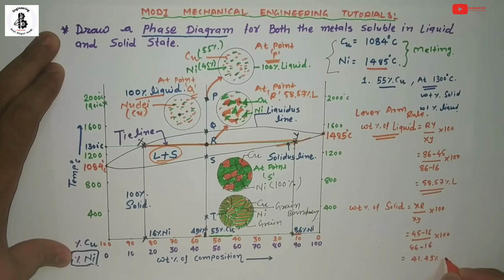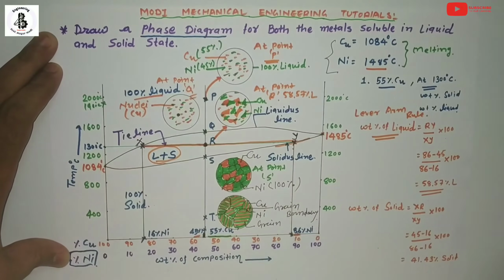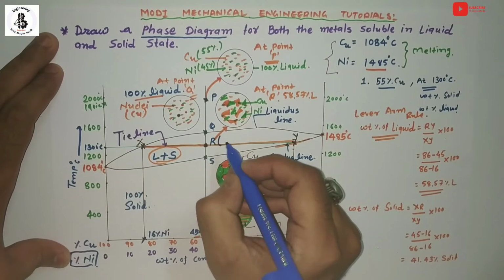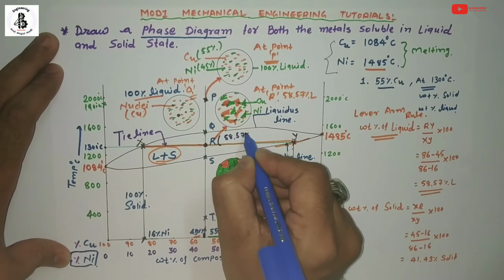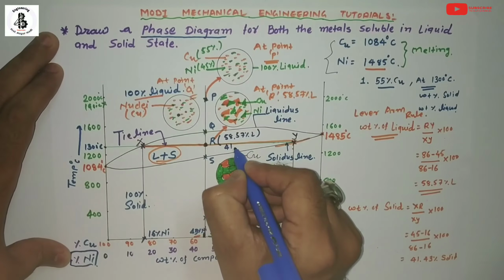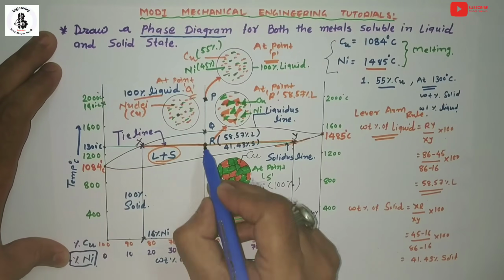So that much amount of solid is present at point R. So if you want to write it like this, at point R, 58.57% liquid and 41.43% solid is present.